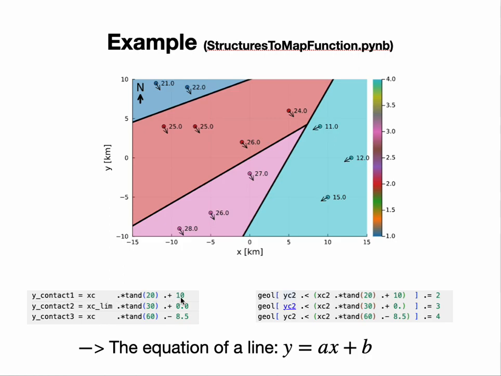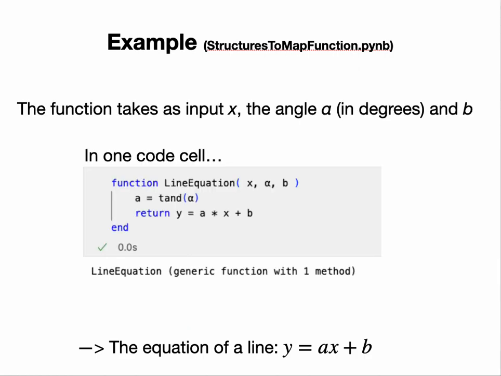That's the pattern. So out of these 6 lines of code, we can identify actually the usage of 6 equations of a line. So when you identify this kind of pattern in your work, it means that it is probably time to think about writing a function.